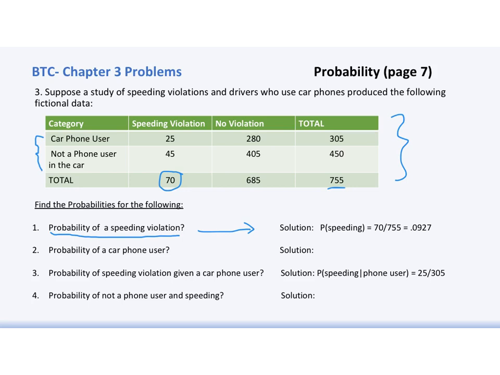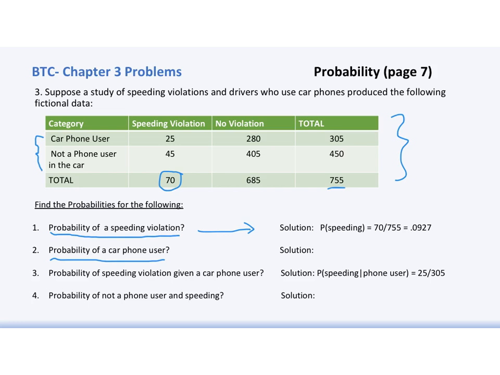Now the second question is, what's the probability of a car phone user? Well, I'd like you to pause the video and try to calculate what that currently is, and then we'll come back and show you how to do that. So go ahead and pause, and we'll wait for you. So hopefully you have the answer.